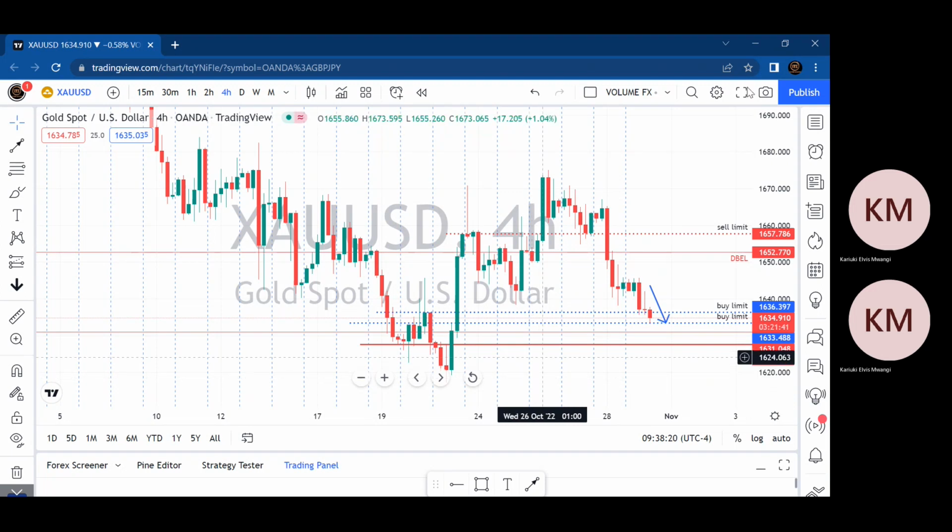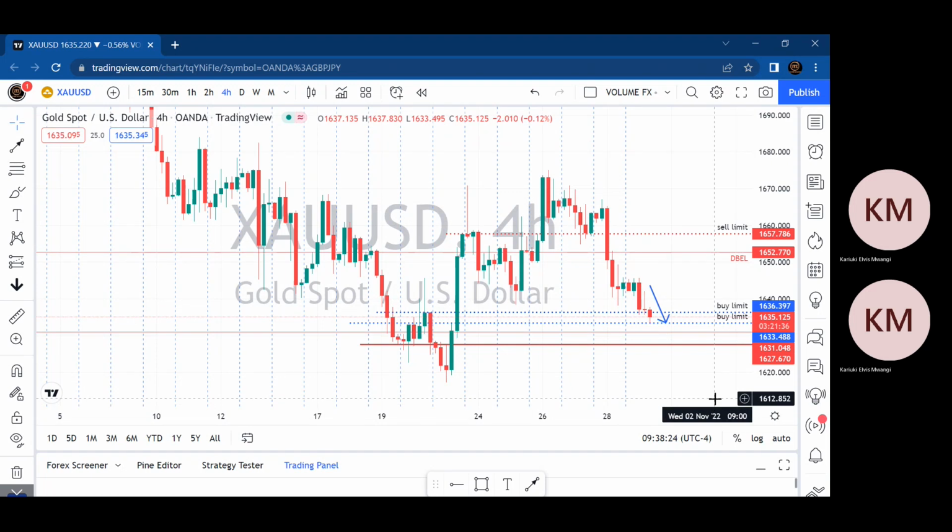So whenever the price comes down, right now it's at 1635.22. Previously it was at 44. So whenever price comes down to 1633.48, my order will activate.